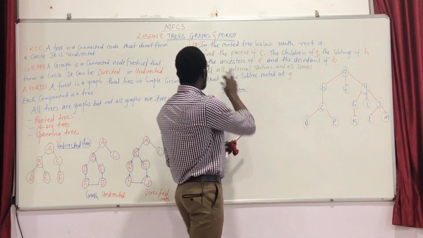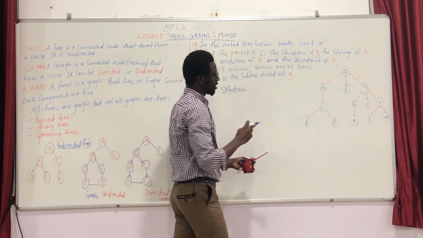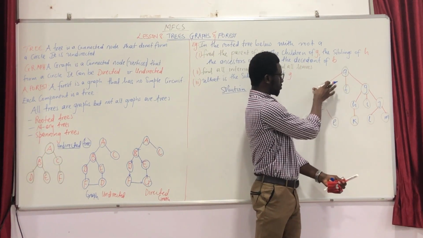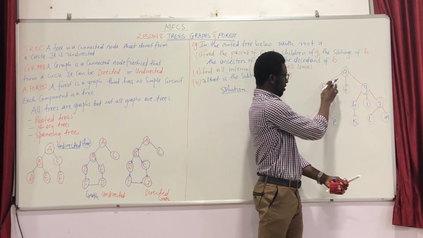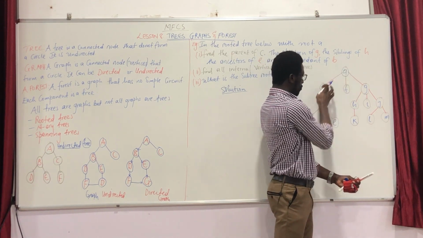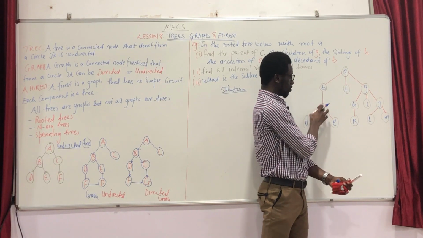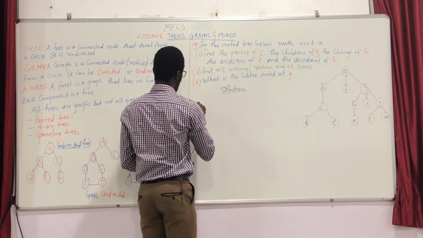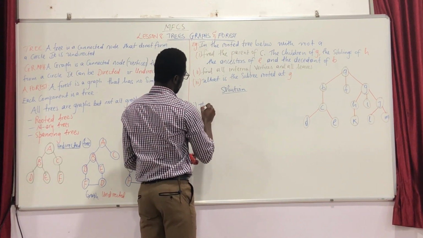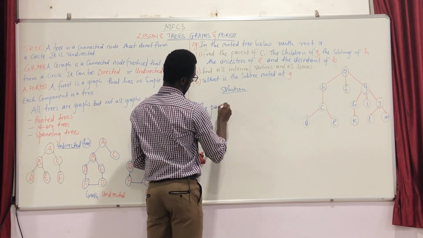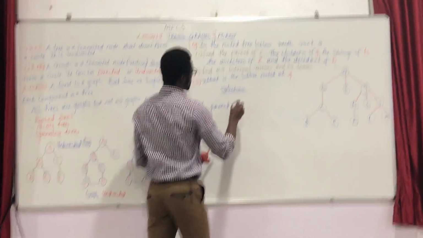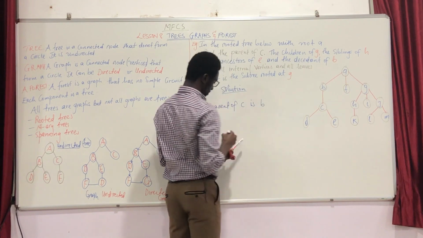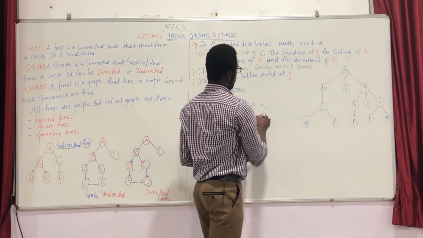So now, from this question, they said find the parent of C. So this is C. The parent of C in this diagram is B, because after A, you come to B. After B, you come to C. So the parent of C is B.